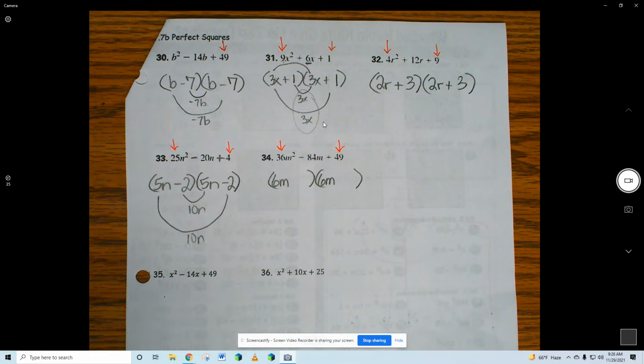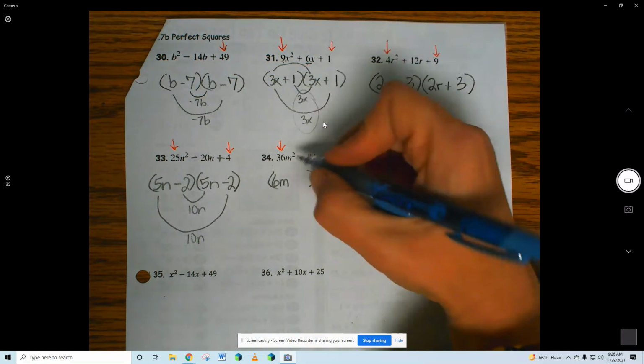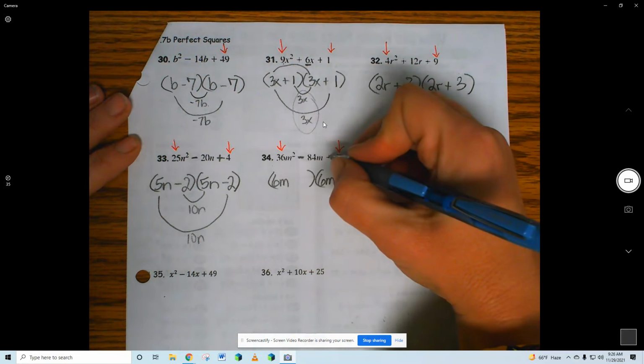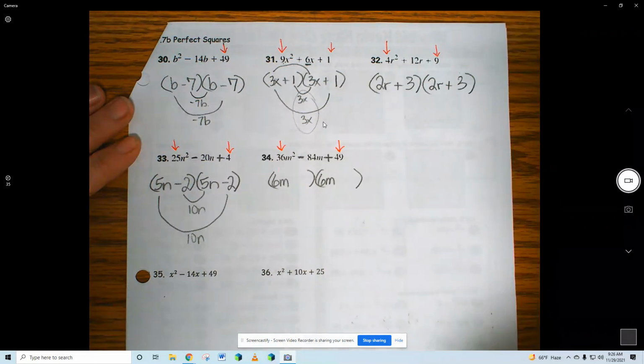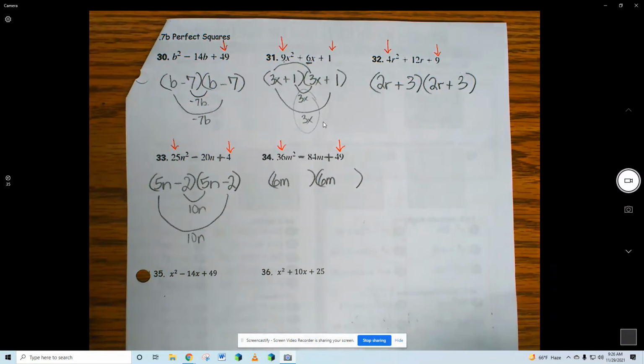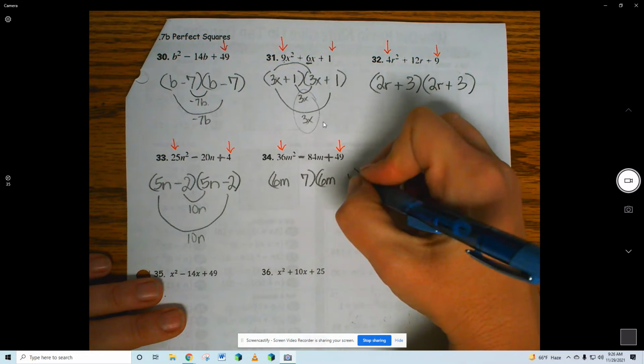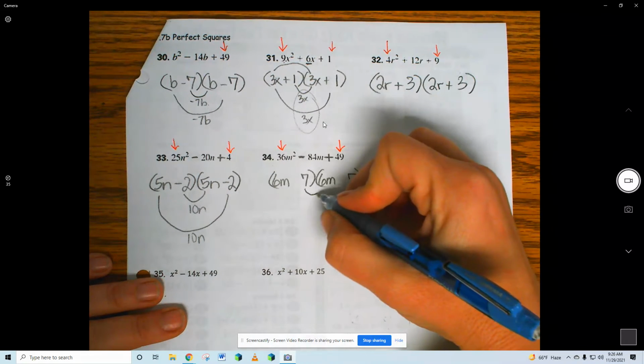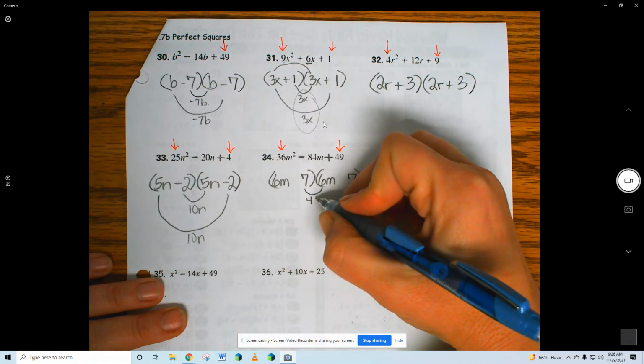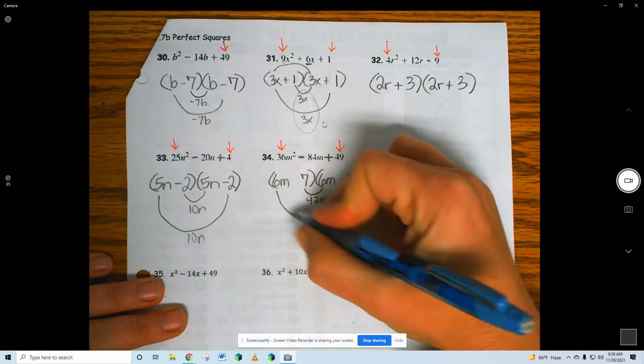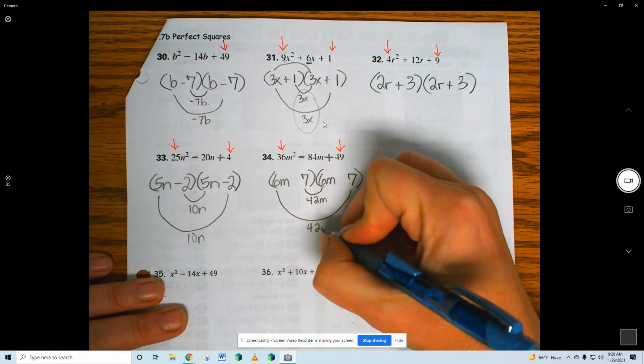Okay. 49. Oh, the signs, by the way. Minus, plus. Okay. 49, 7 and 7. So now you're like, whoa, outside, inside. 7 times 6 is 42. 6 times 7 is 42.